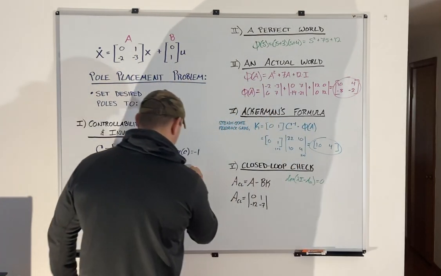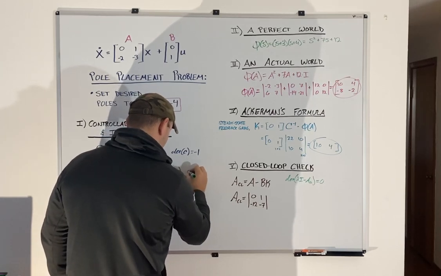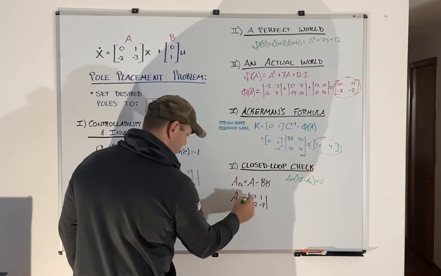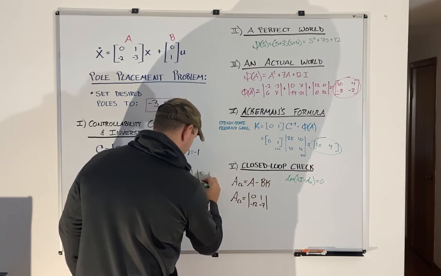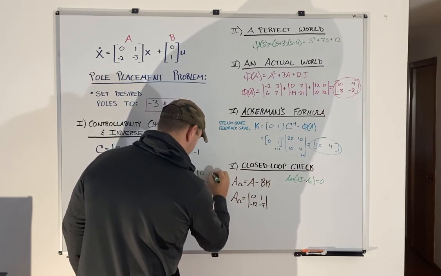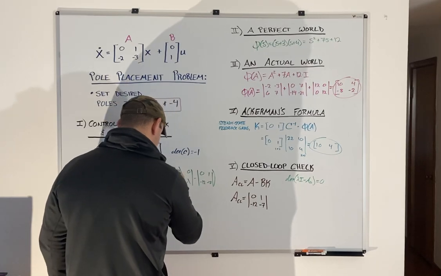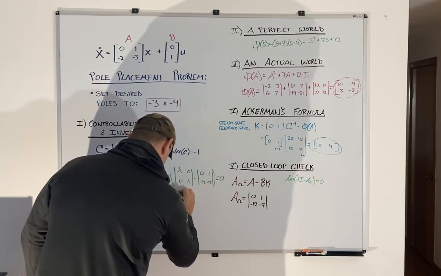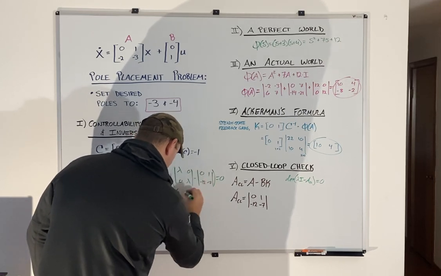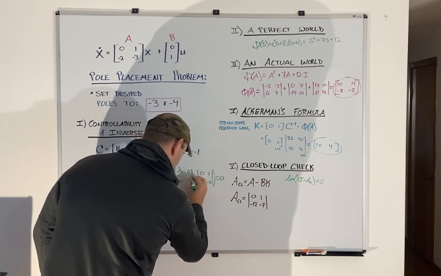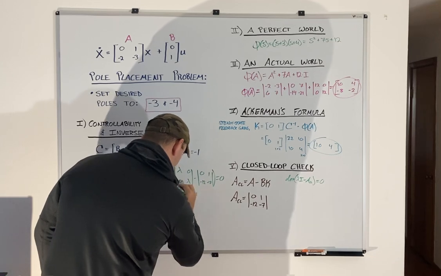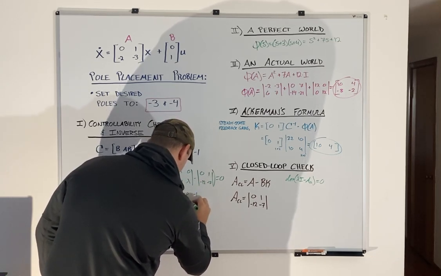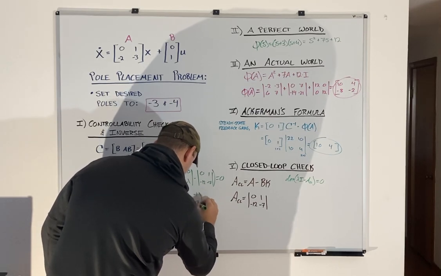That gives [lambda, -1; 12, lambda plus 7].